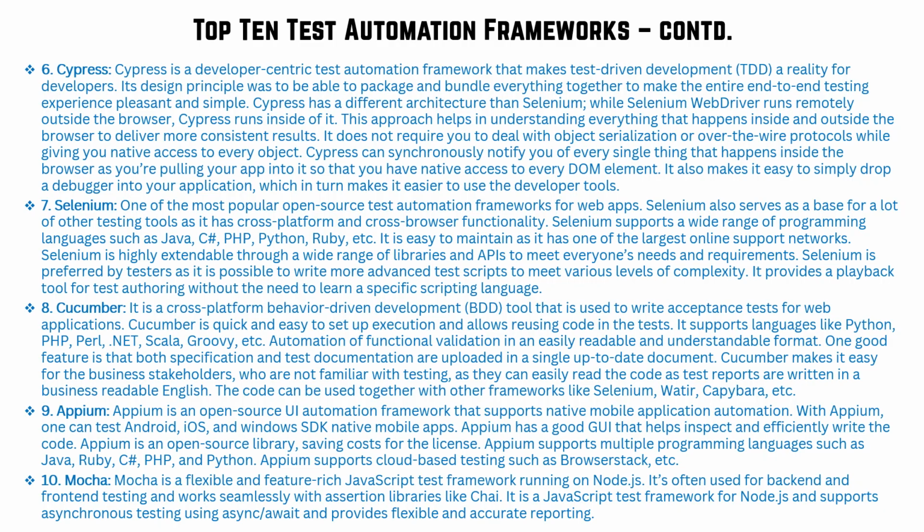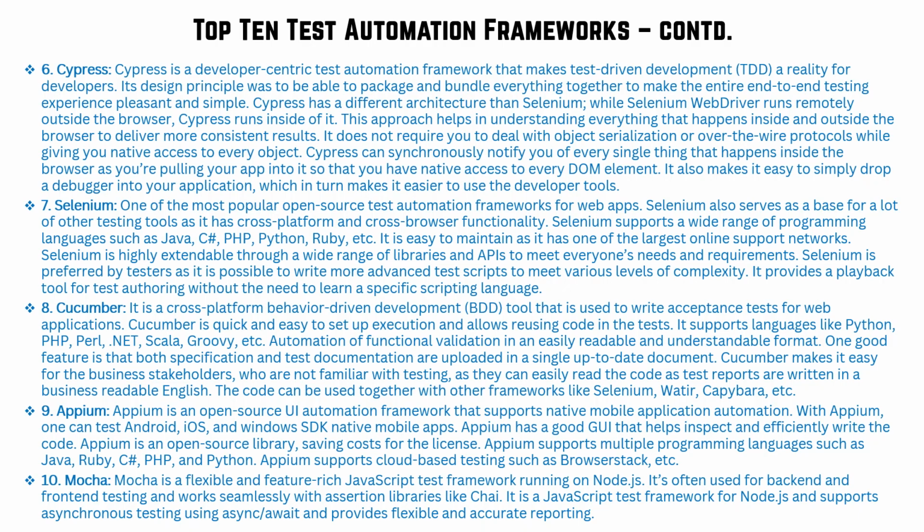And report generation is also very easy. Whatever features or scripts you write are in very plain and simple English; we use Gherkin language, and we write the test script in the Given-When-Then format. And the code can be used together with other frameworks like Selenium, Watir, Capybara, etc.